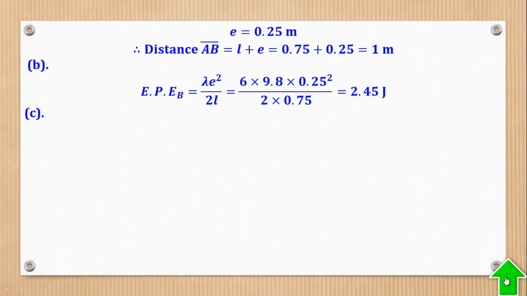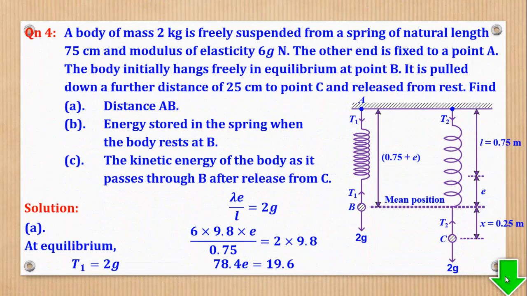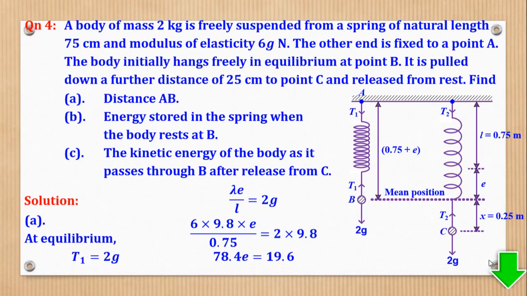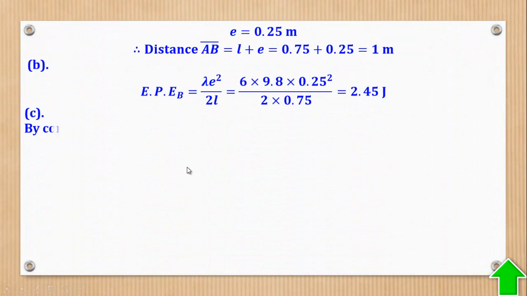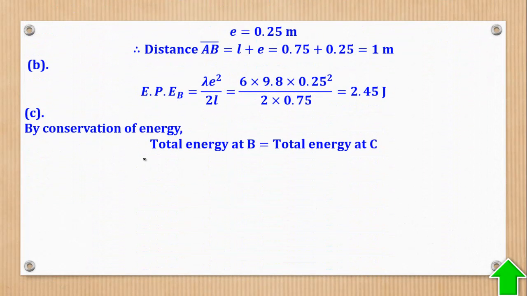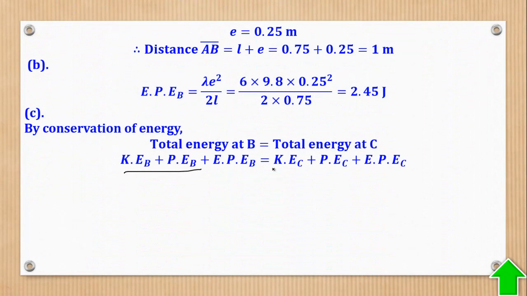Part C, the kinetic energy of the body as it passes through B after release from C. So there we have to conserve energy. Total energy at B is equal to energy at C. This equals that. Then we substitute.